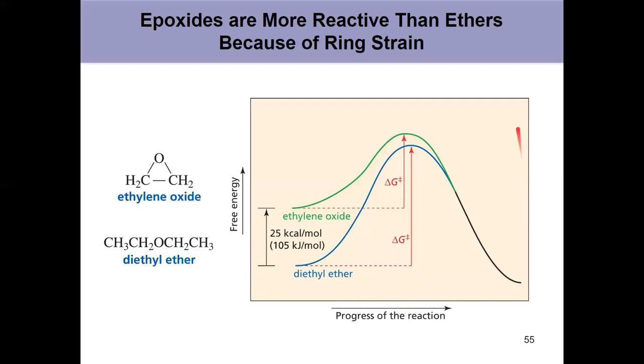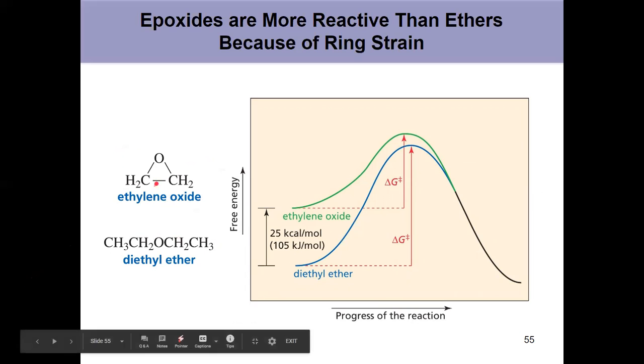Look at those differences in activation energies. One for diethyl ether, which we were just looking at, and one for ethylene oxide, an epoxide. The epoxide has a much smaller activation energy, even though we have the same type of leaving group, all because of the steric strain in that 3-membered ring. You know that 3-membered rings aren't favorable.